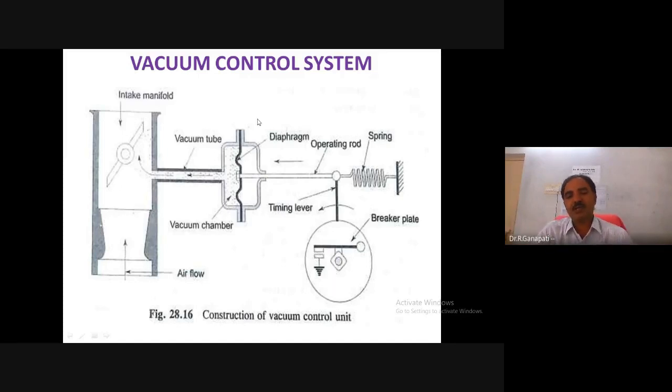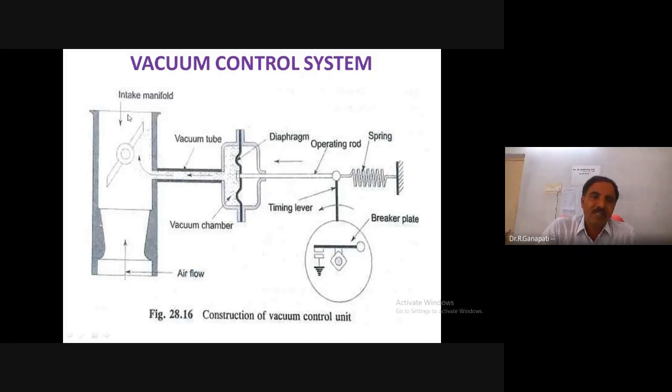Okay, so how does the ignition advancing happen in the vacuum control system? Initially when the engine starts, the air will be moving in the intake manifold.